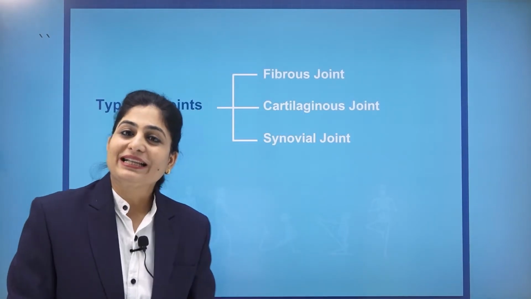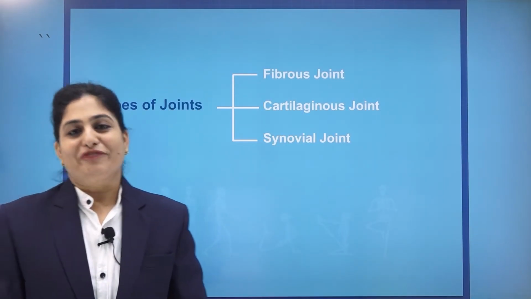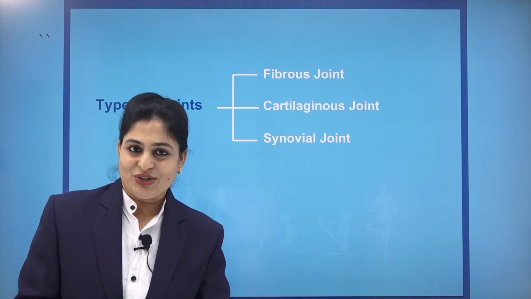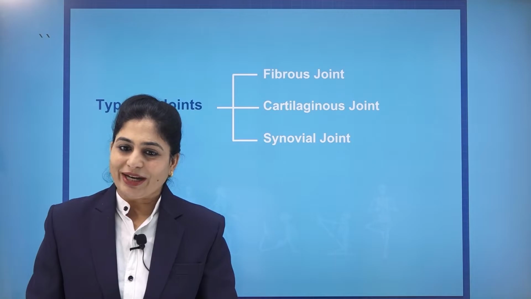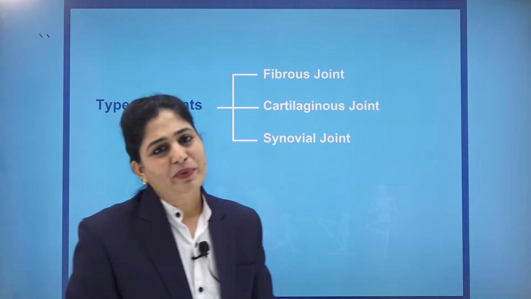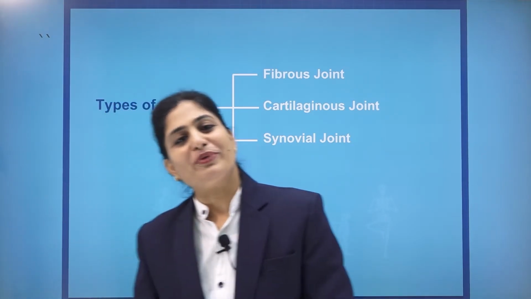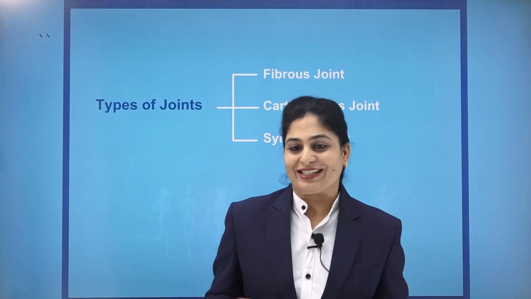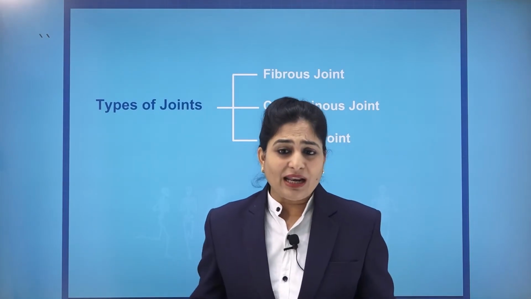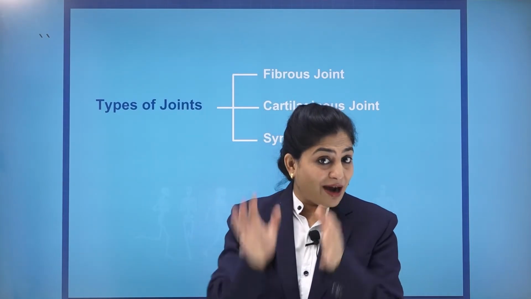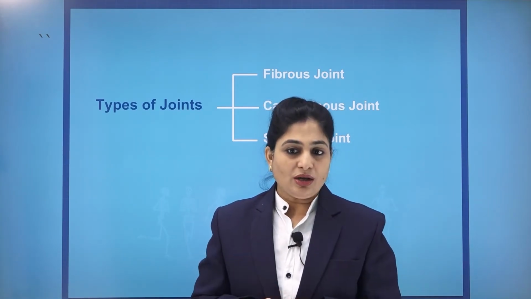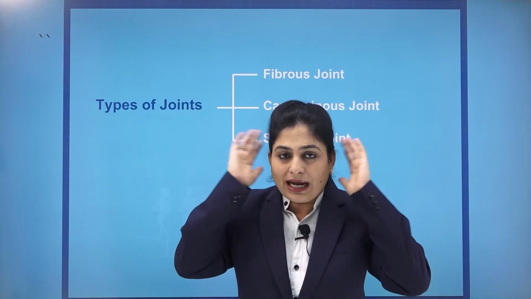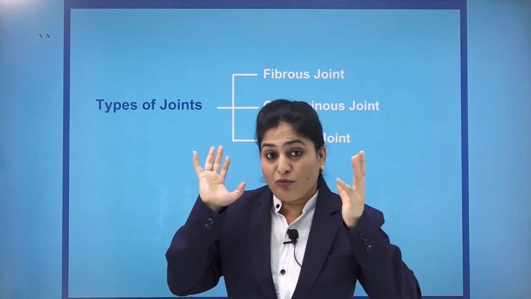We have basically three types of joints: fibrous joint, cartilaginous joint and synovial joint. What are these joints? When we talk about the fibrous joint, we generally call it the fixed joint. They do not allow movement. That means they are fixed, they are immovable. When we talk about the skull, a skull cannot show any type of movement.